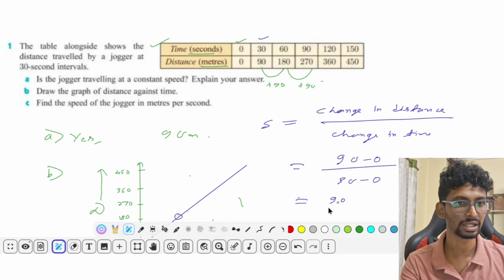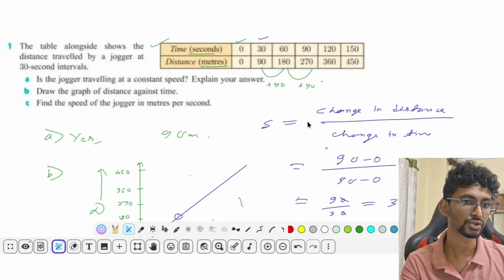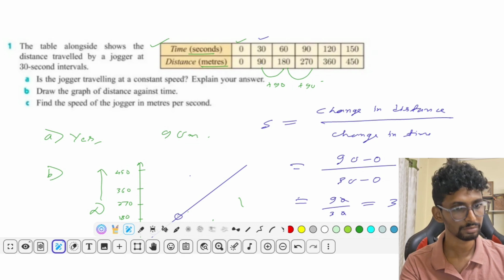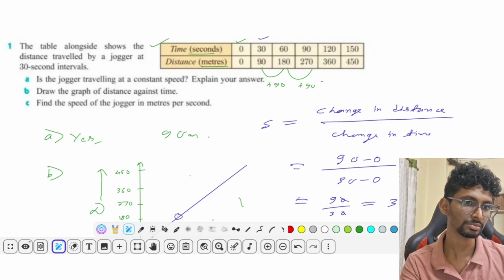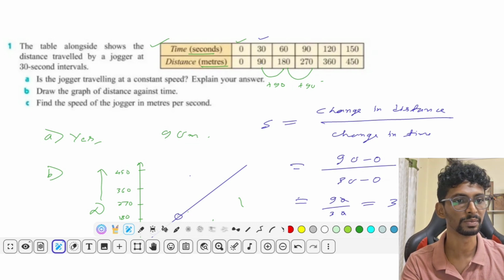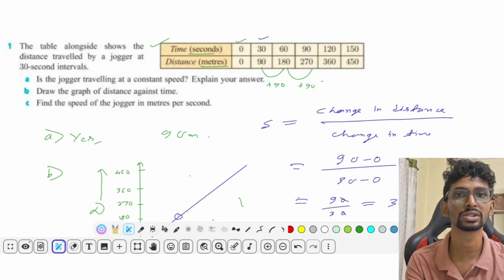So that is 90 by 30. So that will be 3. So 3 meter per second. This will be the answer. So any doubt till now, you can ask me in the comment box.